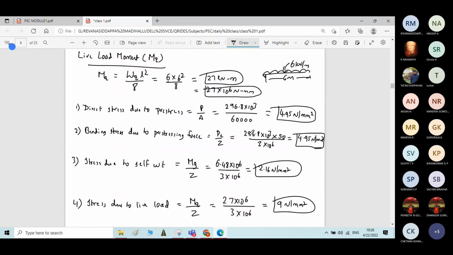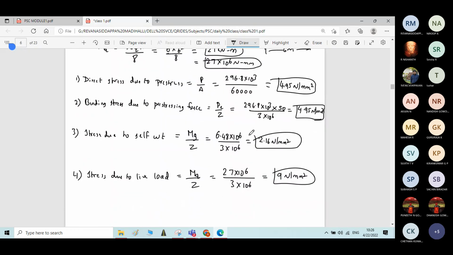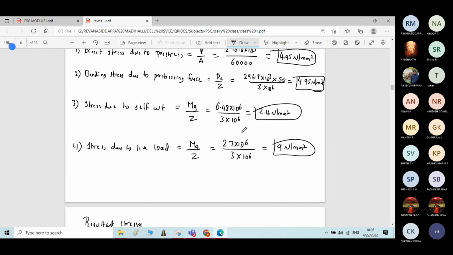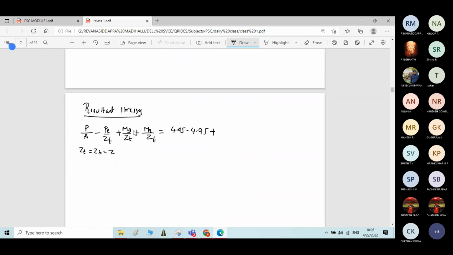So P by A is 4.95, Pe by Z is 4.95. So it is 4.95 minus 4.95 plus Mg by Z, which is 2.16, then Mq by Z is 9, plus 9. Just calculate. You will get the resultant stress as 11.16 Newton per mm square.